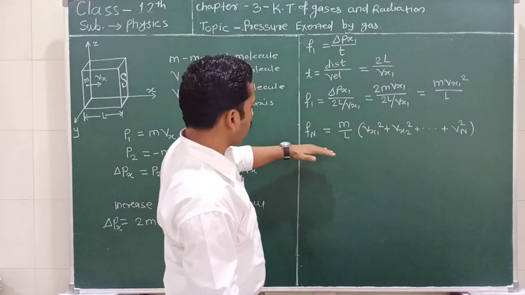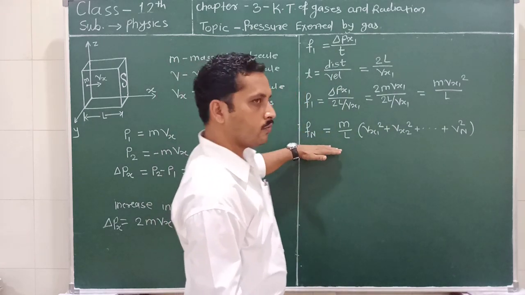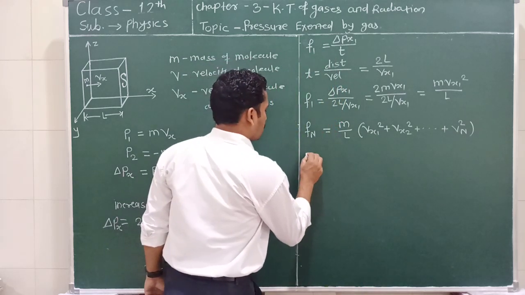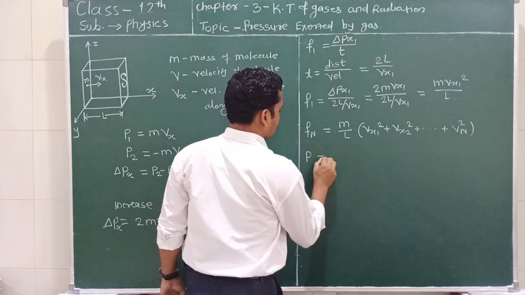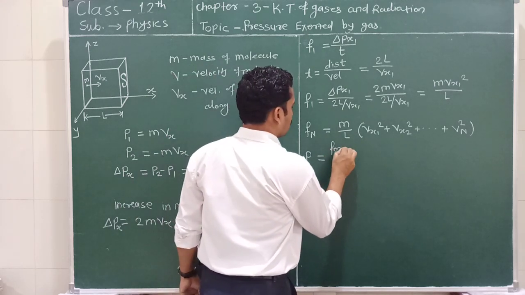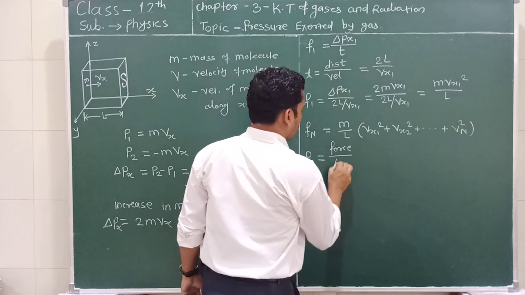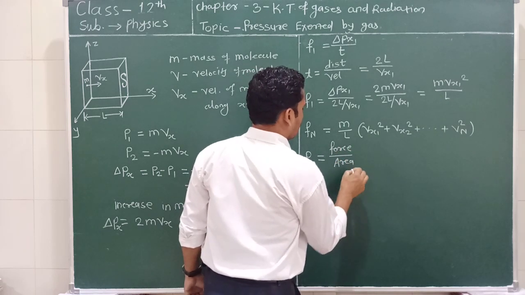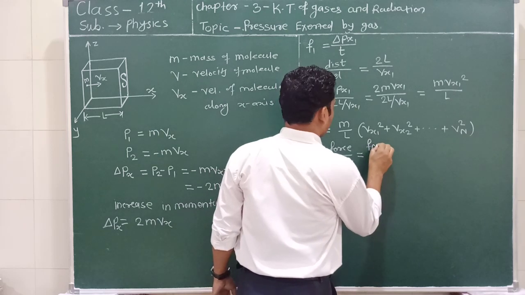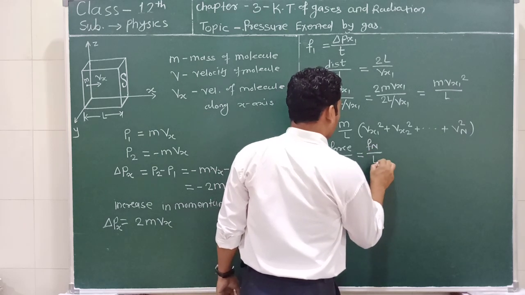So now from this force we are moving towards the pressure. Now what is the pressure? The pressure exerted by the gas on the wall of the container is equal to the force per unit area. That is equal to this force Fn divided by area, which is L square.